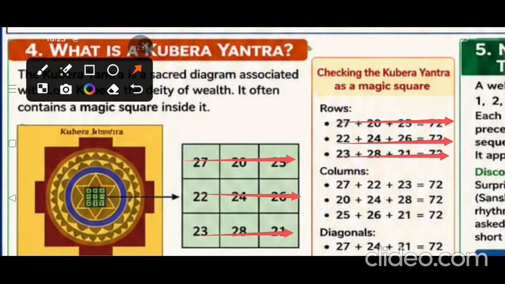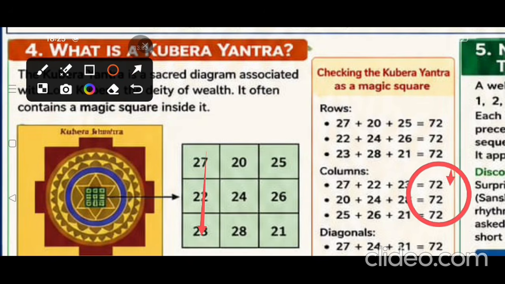If we check the columns, again 27 plus 22 plus 23, the sum is 72. For the second column, 20 plus 24 plus 28, it will be 72. 25 plus 26 plus 21, it is again 72.